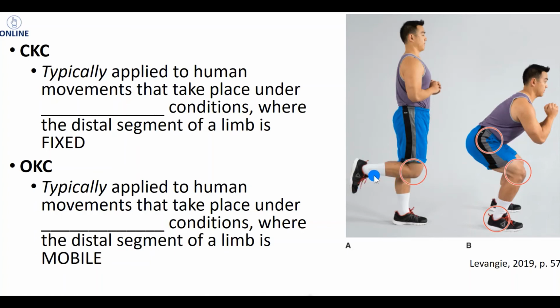And this typically is going to occur in a non-weight bearing condition. So in an open kinematic chain, there's no weight going through the lower extremity from the ground. If you look at A, you could say there's no ground reaction force with the right lower extremity.